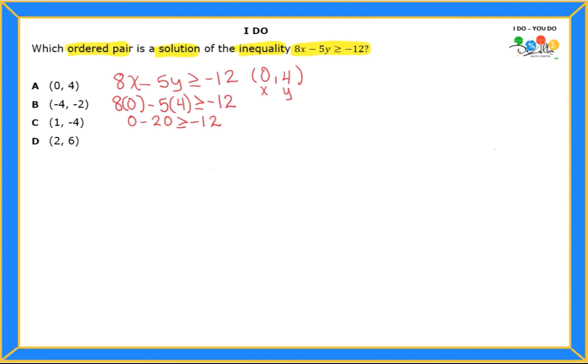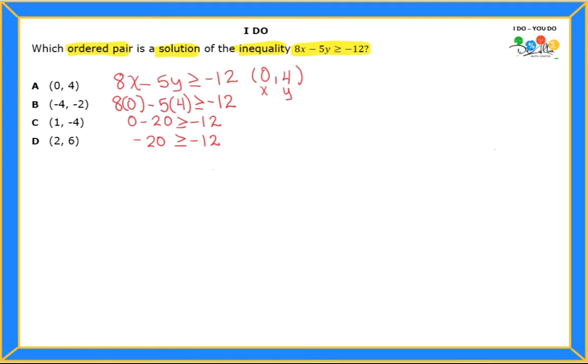Okay? 0 minus 20 is negative 20. The symbol is greater than or equal to negative 12. So what I need to do next is decide whether that statement is true or not. Is it true that negative 20 is greater than or equal to negative 12?